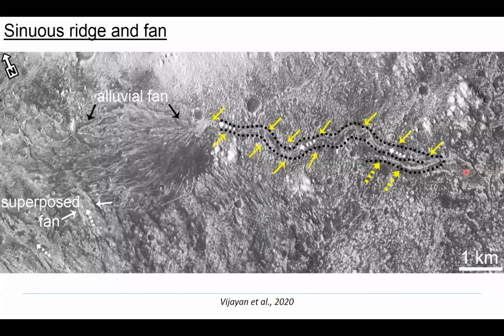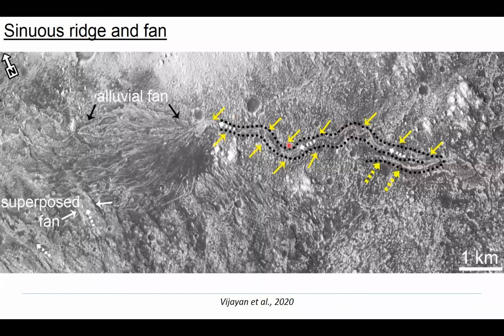And at the termini, you can see the eroded alluvial fan. The reason for this erosion is that the fine grain materials between the ridges got eroded, and only the coarse grain materials, which resisted erosion, are present over there. That means the possible water flow direction is from east to west, and the deposit has happened.